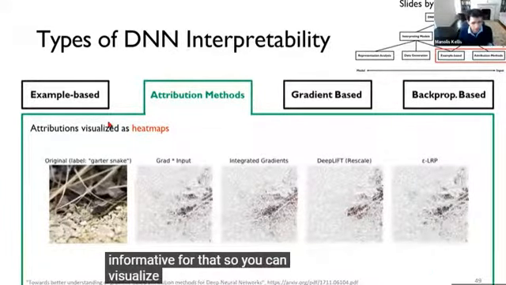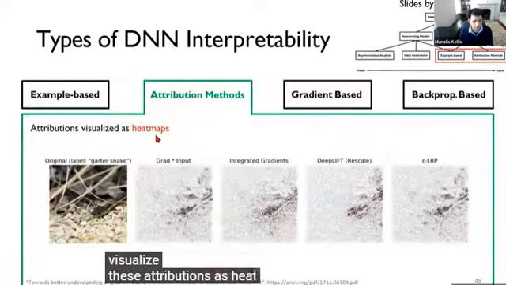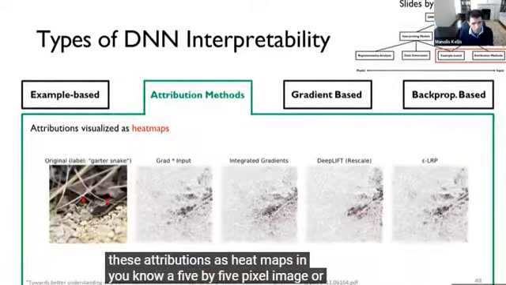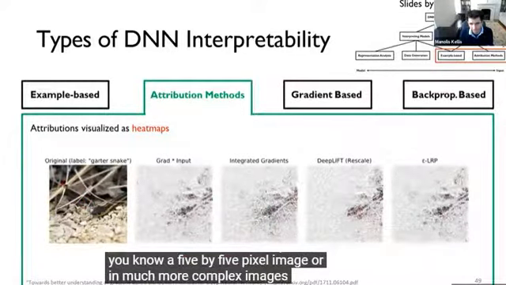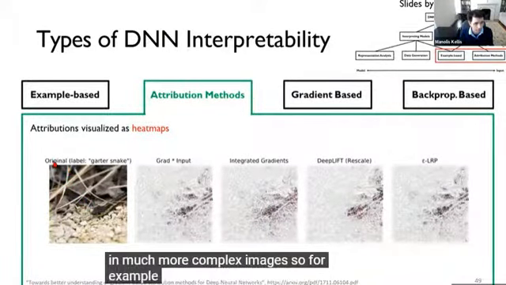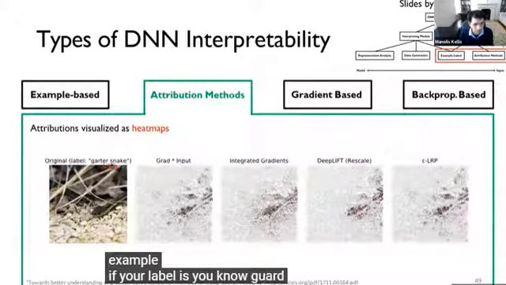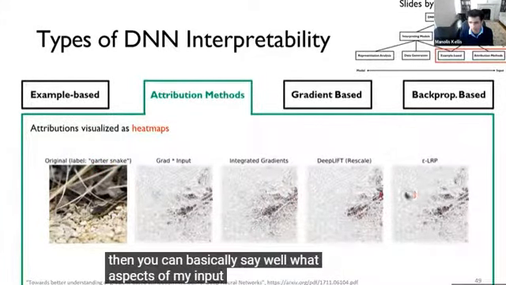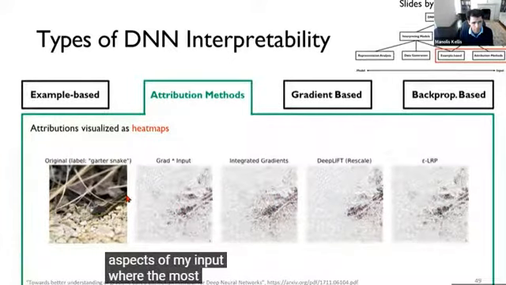You can visualize these attributions as heat maps in a 5x5 pixel image or in much more complex images. For example, if your label is garter snake, then you can ask, well, what aspects of my input were the most informative?